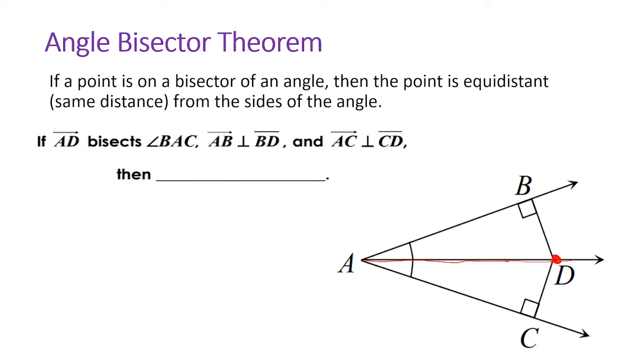Then the point is equidistant, or the same distance, from the sides of the angle. So if AD bisects angle BAC, this large angle BAC right here, and AB is perpendicular to BD, and we have our right angles here to show that they're perpendicular, and AC and CD are perpendicular, then we can conclude that BD is congruent to DC.